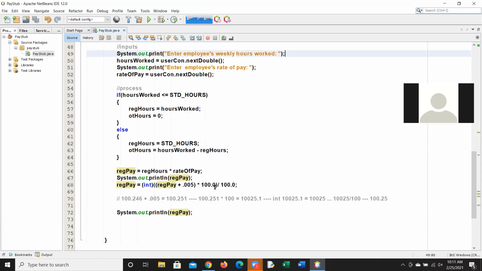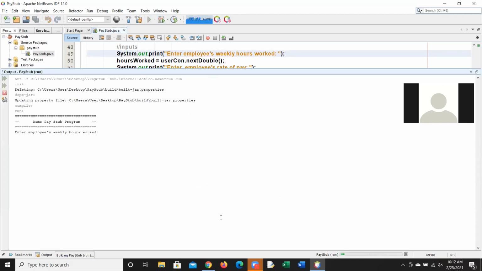Reg pay point, do. There's a reason, times 100. I do that, then I do that. Try another one here. I'm just seeing. And then there you go. So it is showing 2 decimal places.